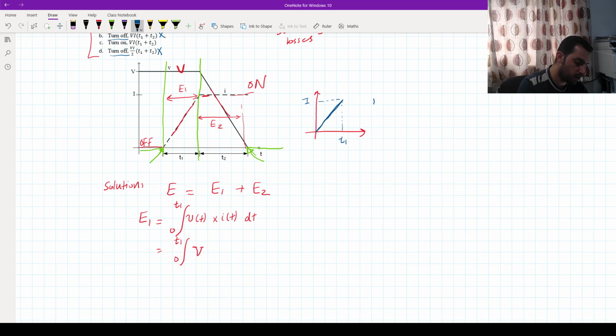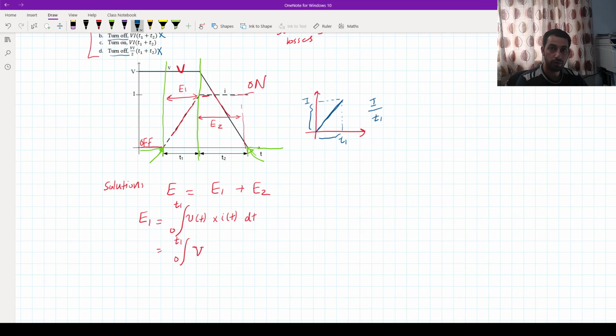The slope is I, which is the value here, divided by the duration, which is T1, and the slope is positive, okay? So this is the slope for the equation, and to compute the equation, you have to multiply it by T, okay? And that is called now I of T as a function of T, equals the slope times T.